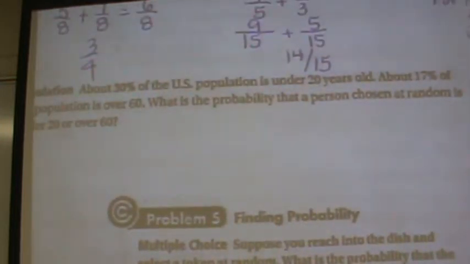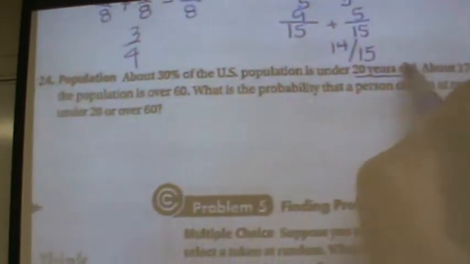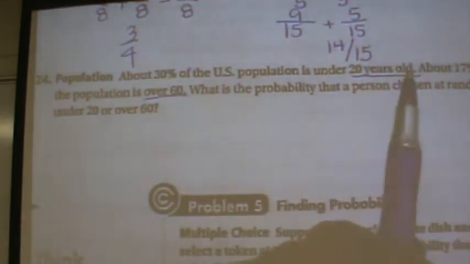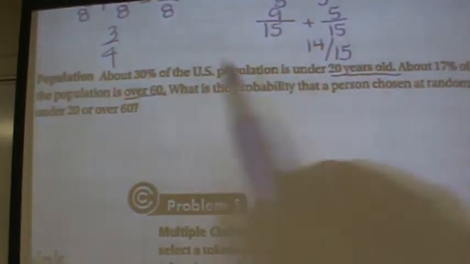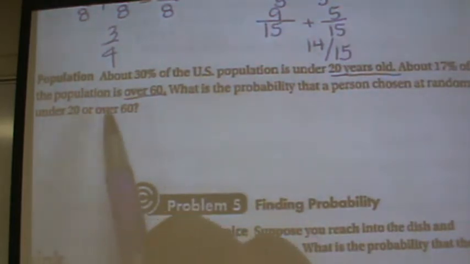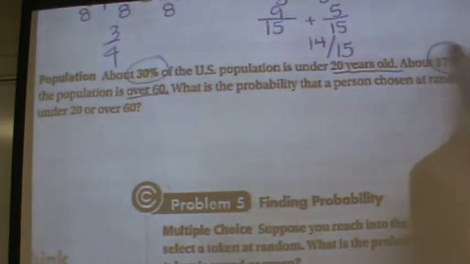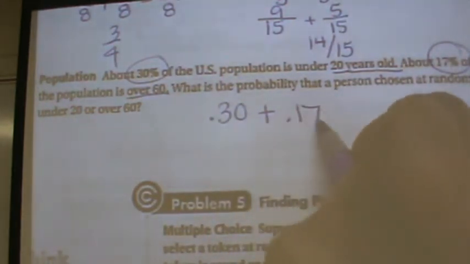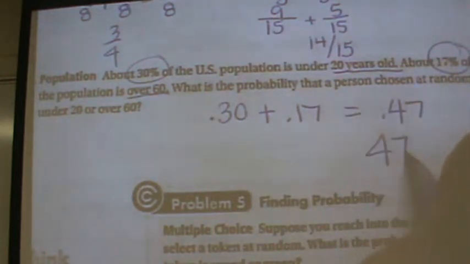These are mutually exclusive, because can you be a person under 20 and over 60 at the same time? No, one or the other. So what's the probability that a person chosen at random is under 20 or over 60? Well, what you do with these two is you do what? 30% plus 17% is 47%.